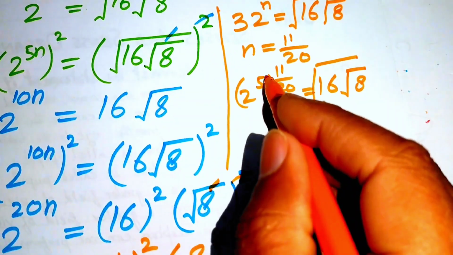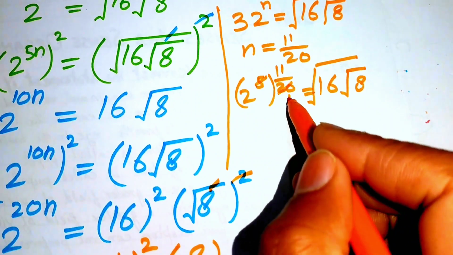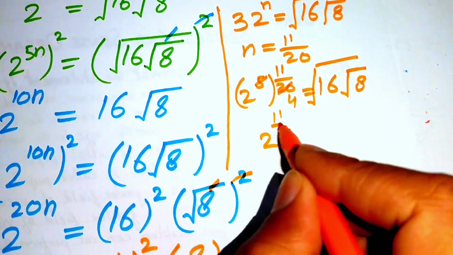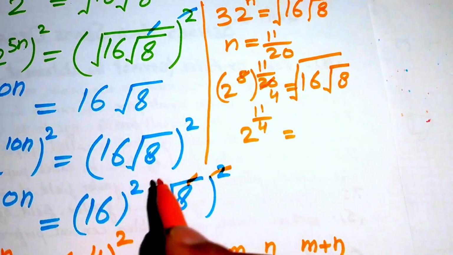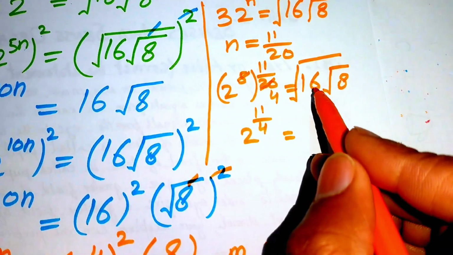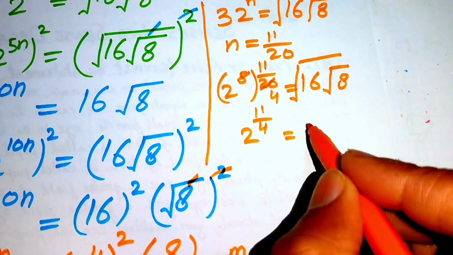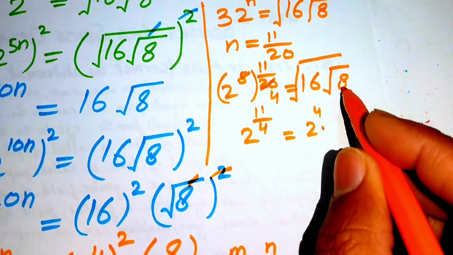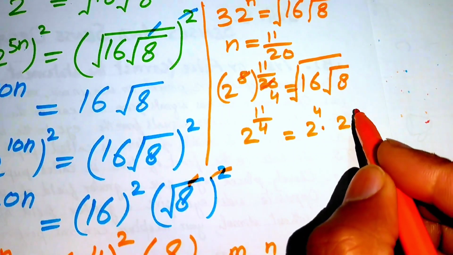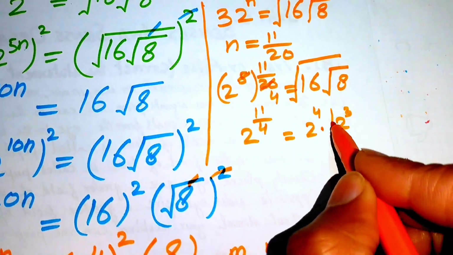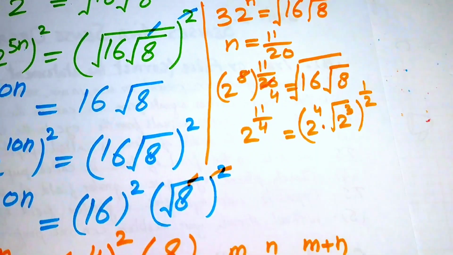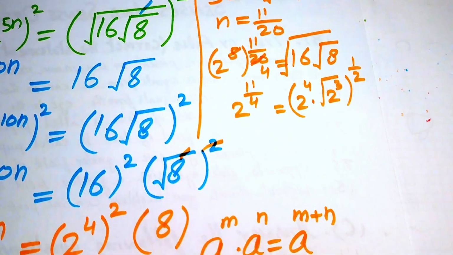Here you see that 5 fours are 20, and we obtain 2 to the power of 11 over 4. And in the right hand side we write this 16 as 2 to the power of 4 into, we write this 8 as 2 to the power of 3, and this square root we write as the power of 1 over 2.